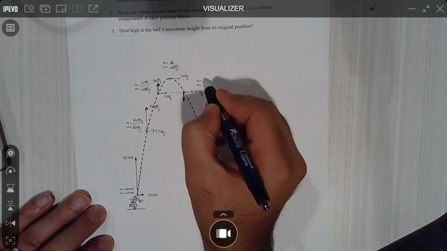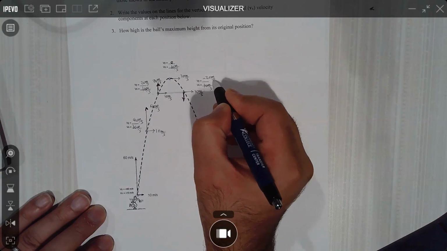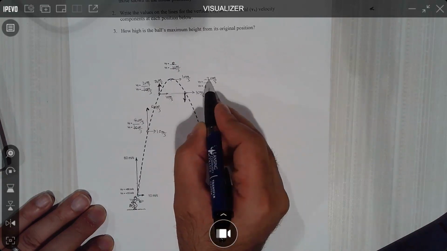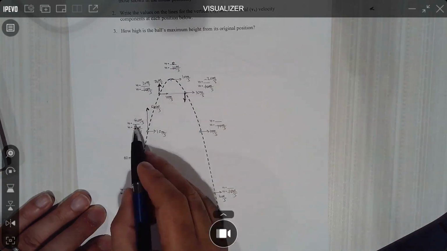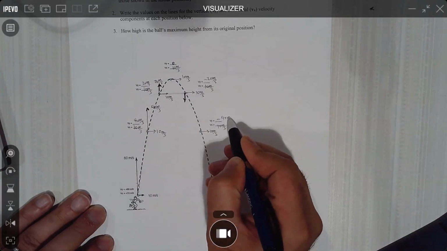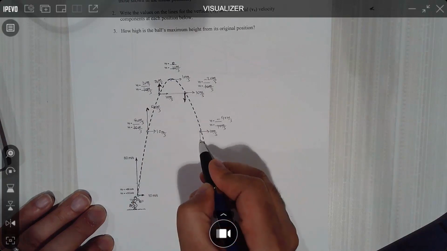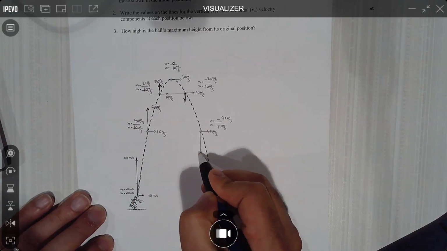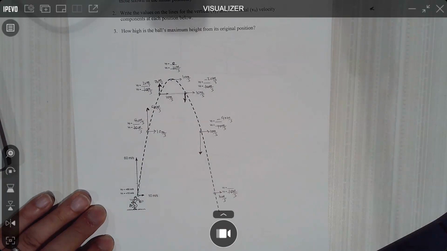So this is going to be negative 20 meters per second. If this is 20, this is negative 20. And this is 40, so this will be negative 40 meters per second. The same size vector, but in the opposite direction. Good.